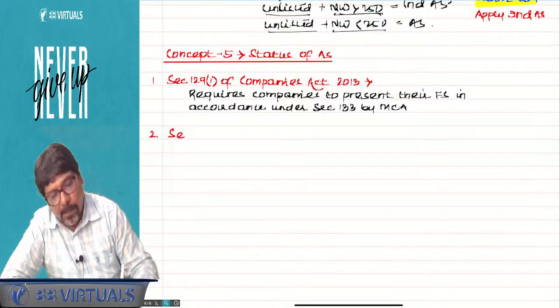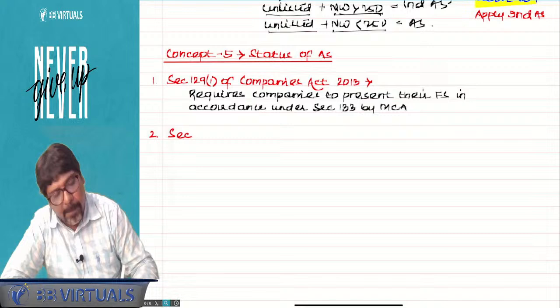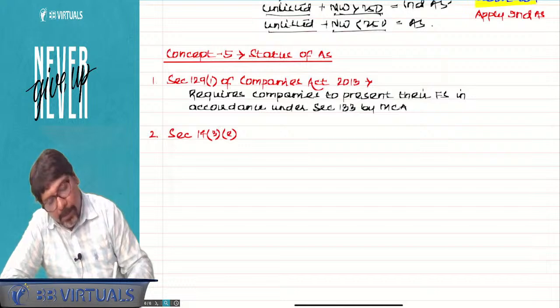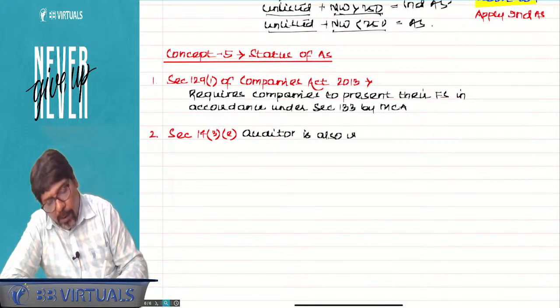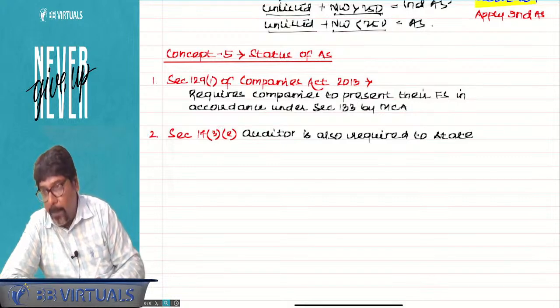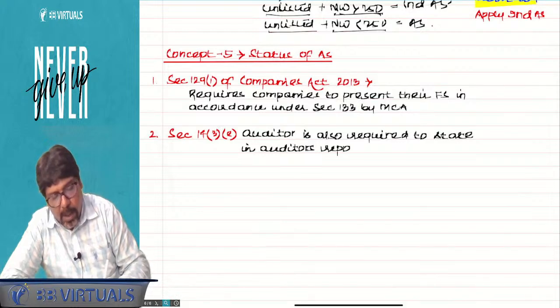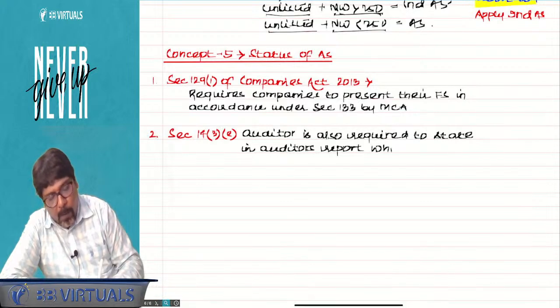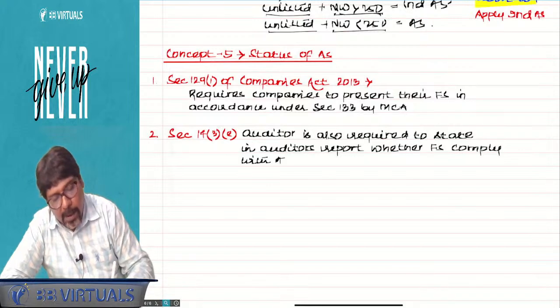Then Section 143(3)(e). The auditor is also required to state in the auditor's report whether the financial statements comply with AS or not.